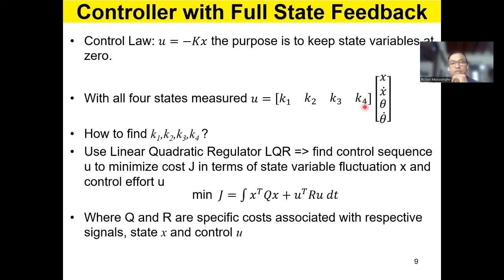So this is how the linear quadratic regulator works. 4 states, x, x dot, theta, theta dot, are multiplied with 4 gains. These are the 4 gains in the linear quadratic regulator, with a single control signal, that is u. So when you multiply this, you get the actual u, a single control signal.